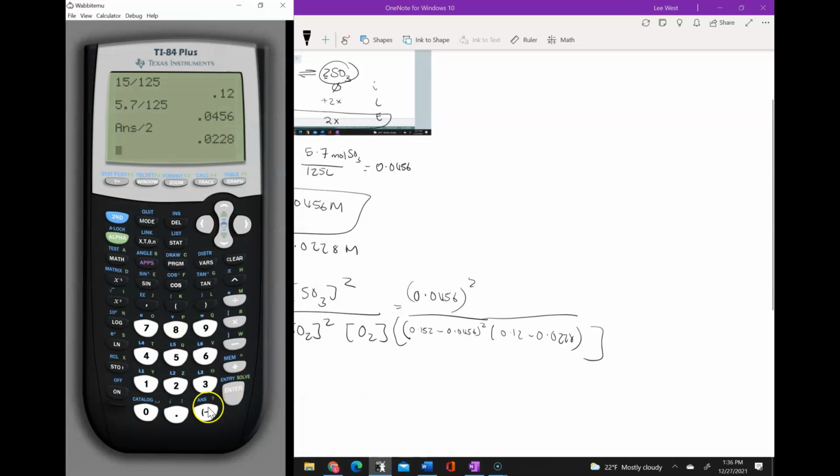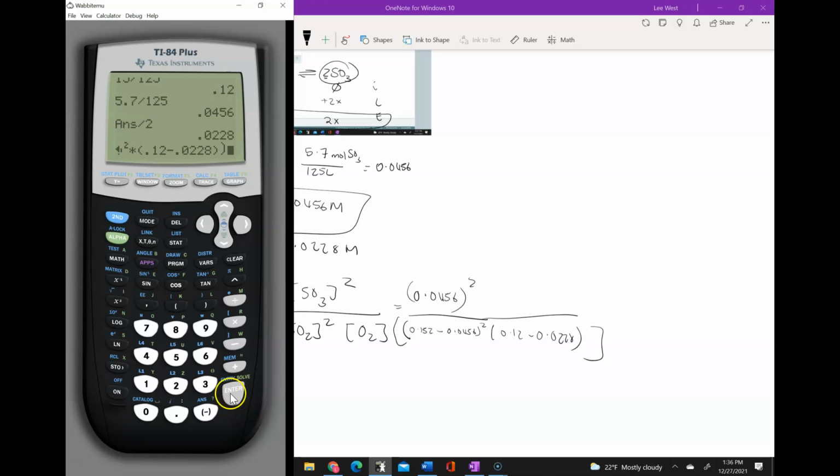So here we go: 0.0456 squared, divided by parentheses 0.152 minus 2x, which is 0.0456, close those, square them, times new parentheses 0.12, that's the concentration of O2, minus x, 0.0228. Close those parentheses, close off the whole bottom line, and we're going to get our number.